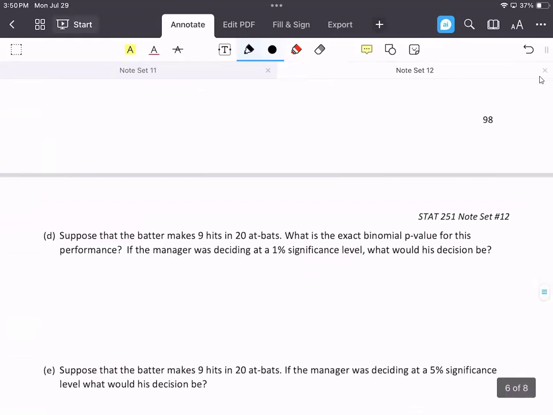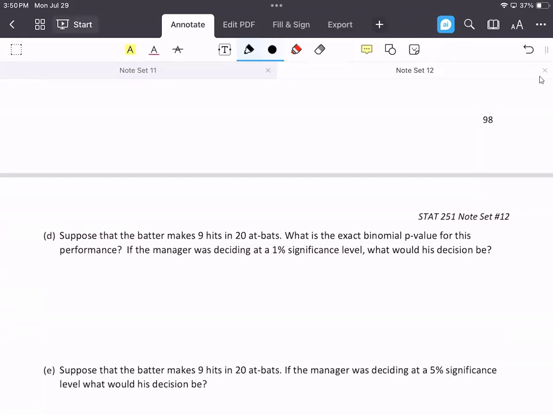Now, let's think about supposing that the batter makes 9 hits in 20 at bats. What is the exact binomial p-value for this performance? If the manager were making a decision at a 1% significance level, what would his decision be? So we're supposing that the manager is going to give him 20 times at bat with appropriate rest to show that, hey, I did improve.